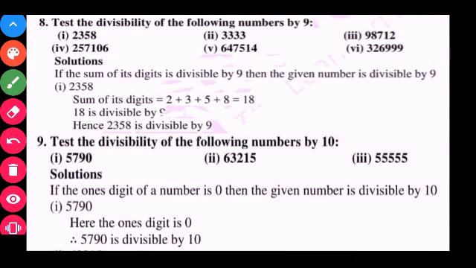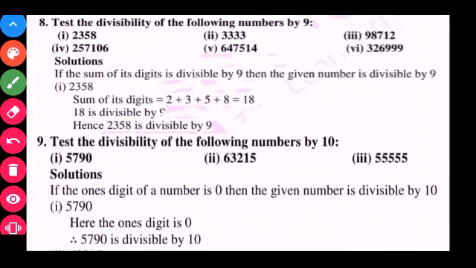Now question number 8. Test the divisibility of the following numbers by 9. This is similar to divisibility of 3. In the case of 3, if the sum of digits is divisible by 3, then the number is divisible by 3. Similarly, in the case of 9, if the sum of digits is divisible by 9, then that number is divisible by 9.